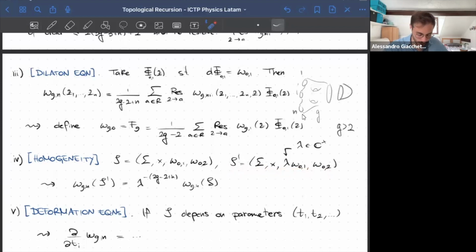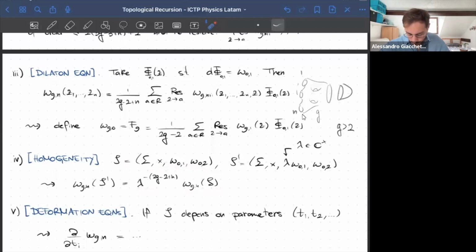How do you compare the omega g,n computed from this spectral curve and from this spectral curve? The point is that they are essentially the same. The omega g,n computed from the rescaled spectral curve are just the scalar lambda to the minus (2g minus 2 plus n) times the ones computed from the non-rescaled one.